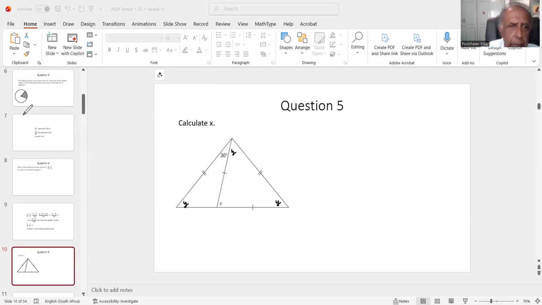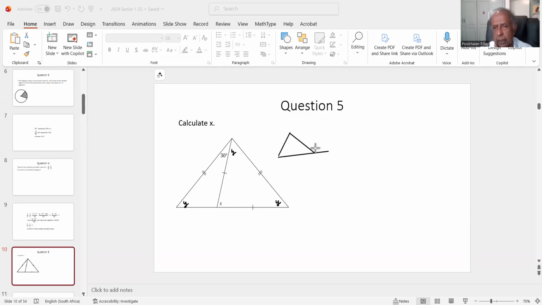One of the first theorems that you learn in geometry is what I call the flag theorem. If you have a flag, essentially you have a triangle with one of the sides extended. Then the exterior angle, this one is exterior, is equal to the sum of the two interior opposite angles.